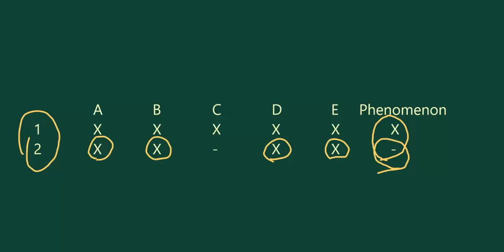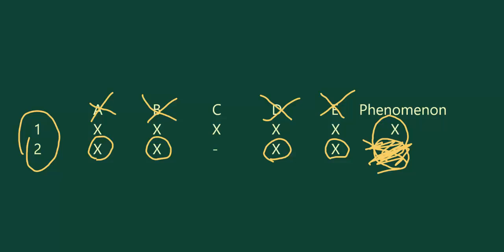Because if E occurs in our second case, but we don't get our phenomenon, E can't be a sufficient condition because E failed to guarantee the phenomenon. Same with D. D fails to guarantee the phenomenon. B fails to guarantee the phenomenon. A fails to guarantee the phenomenon.